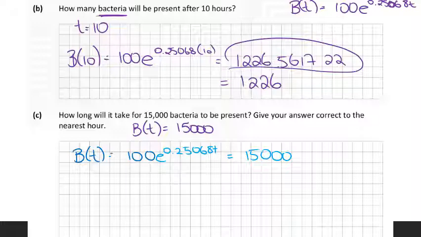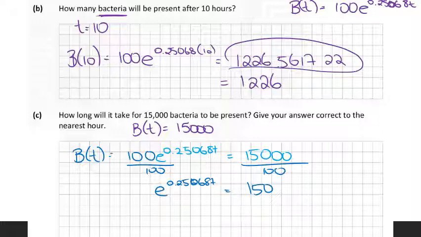15,000. So I'm going to solve this equation. I'm going to divide both sides by 100. That leaves me with e^(0.25068t), and over on this side it leaves me with 150. Now I need to get at the power. I need to undo the power, and remember that the inverse of an exponent is a log.